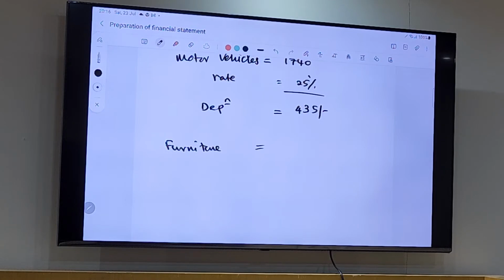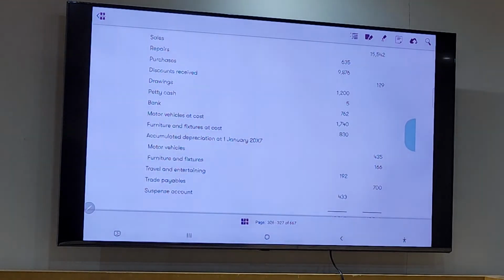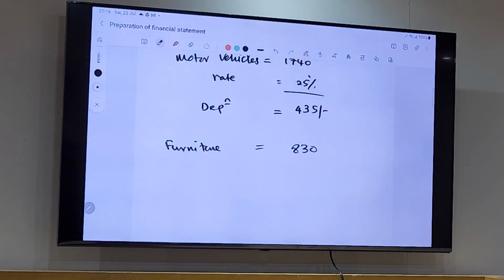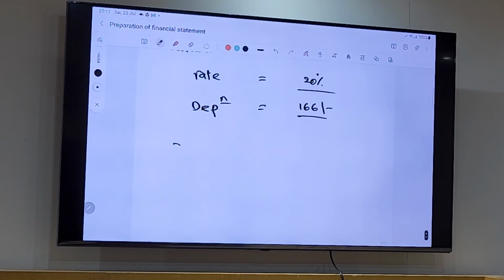How much is the cost of the furniture? 830. Rate for furniture? 20%. So depreciation would be 166. That's understood? Maha? Yes.